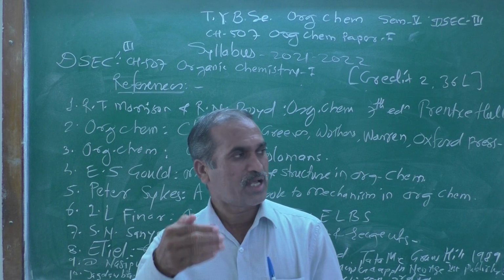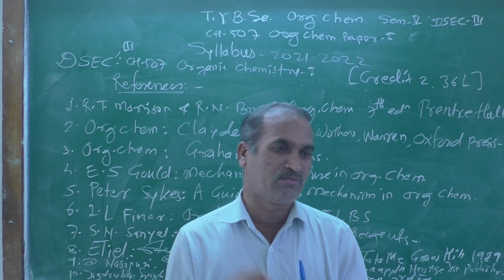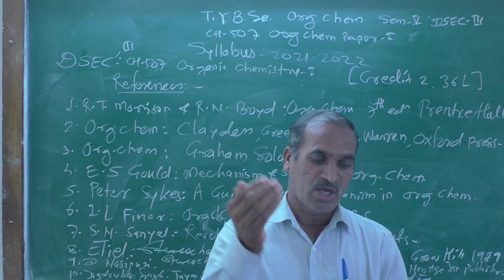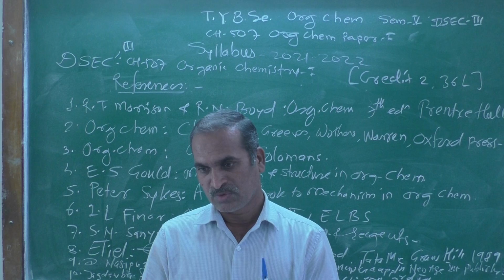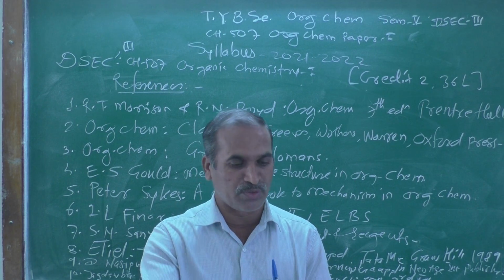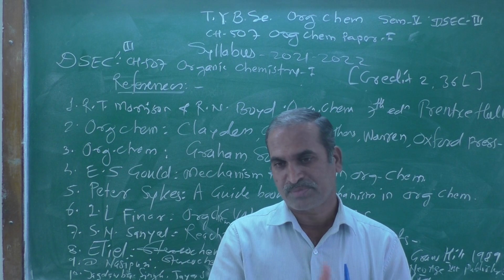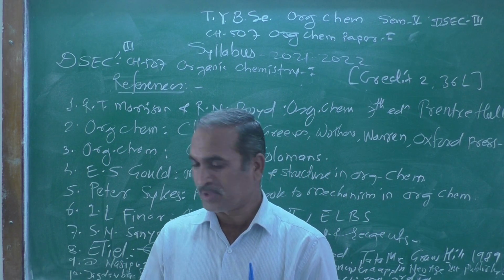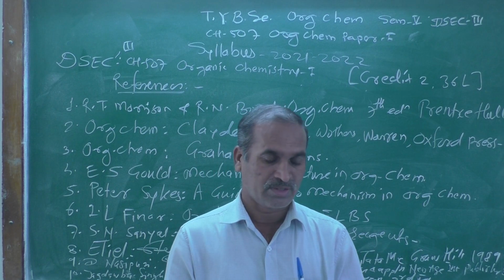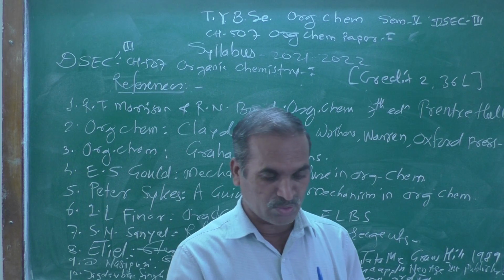So these are the four chapters and their detailed content we have discussed, along with the reference books you should refer while studying these four chapters, with their page numbers also given.